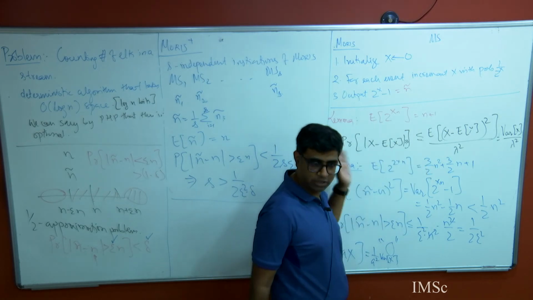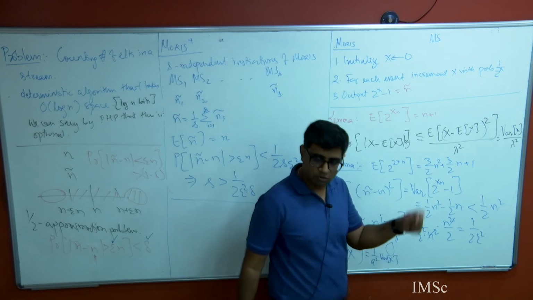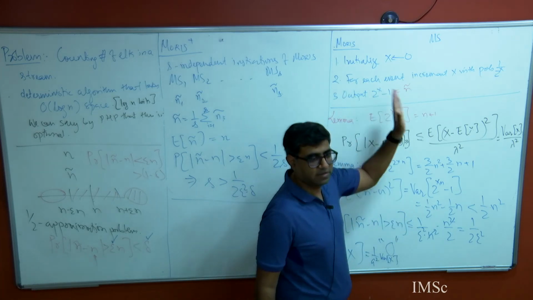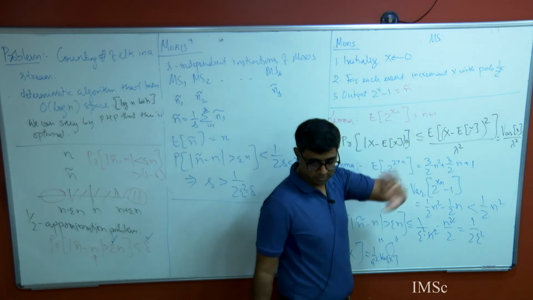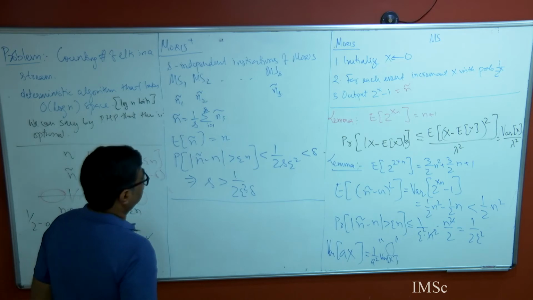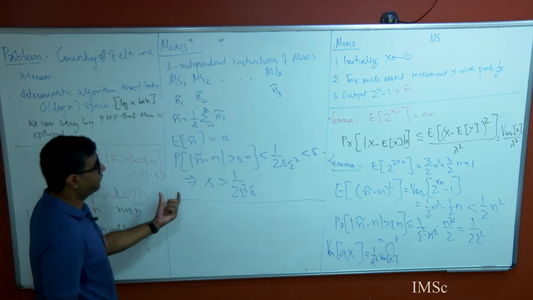You can show by union bound that over all of these you are also achieving this with high probability. So the amount of space you take in each instantiation is log n. But that requires proof. I will put that in an exercise. Okay, so what did we achieve from here?